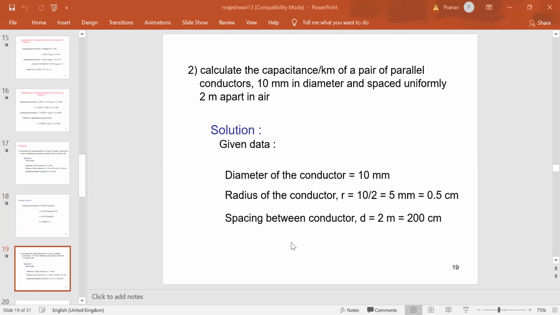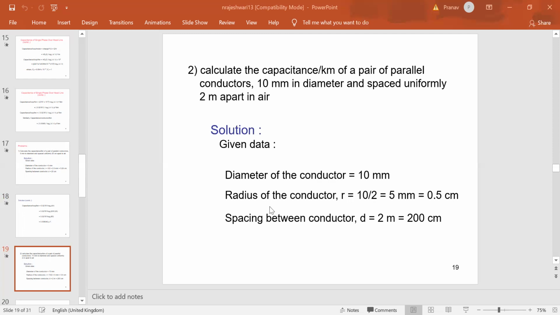Going to the second problem: calculate the capacitance per kilometer of a pair of parallel conductors 10 millimeters in diameter and spaced uniformly 2 meters apart in air. The given data: diameter of the conductor is 10 mm.